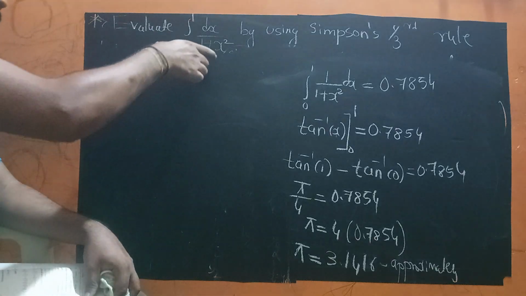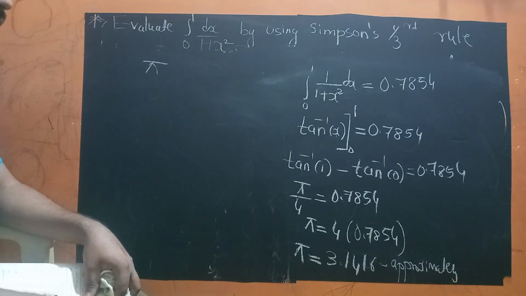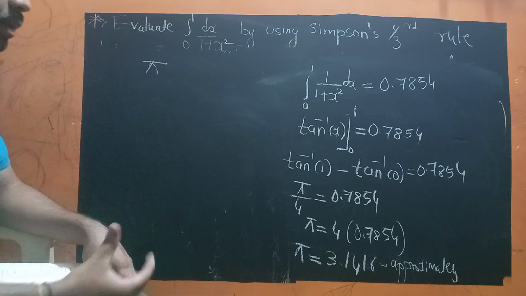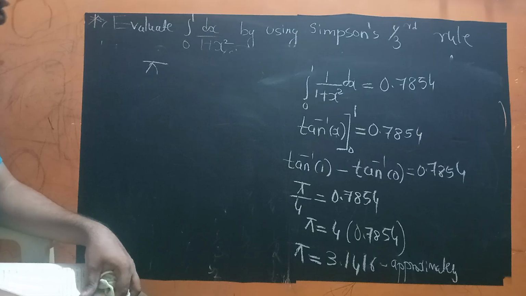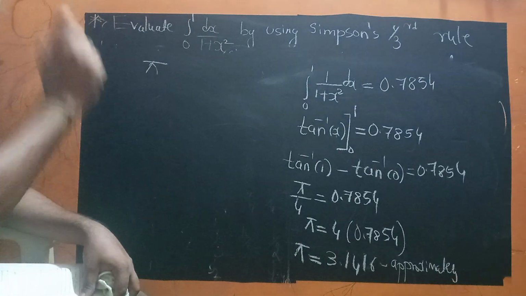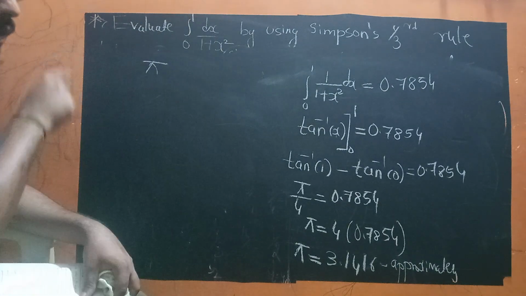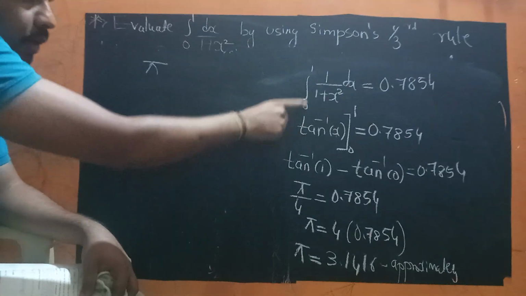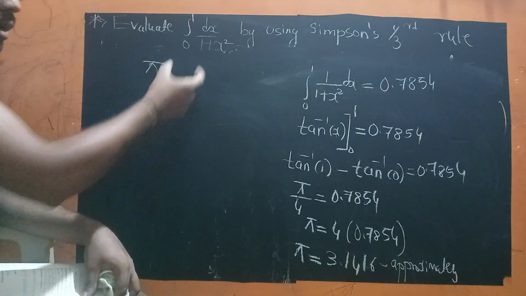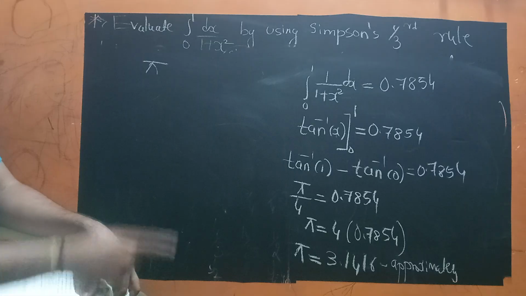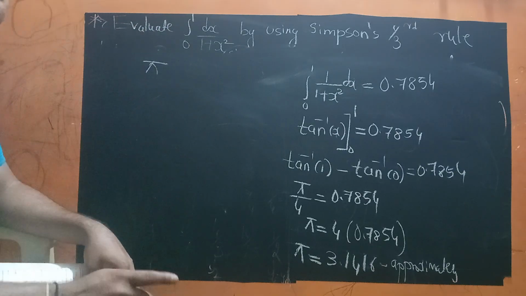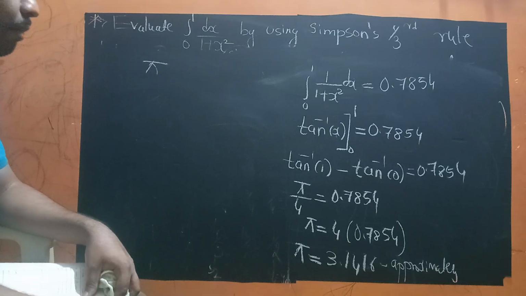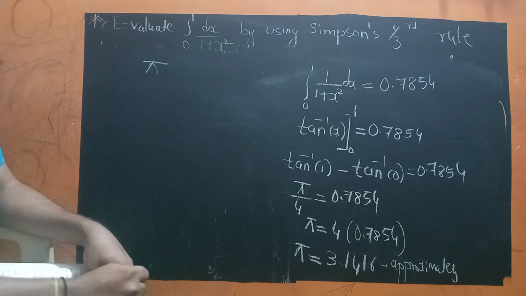Because the beauty of this numerical technique is that without integrating the function, we are finding the integral value. In the deduction part only I have integrated analytically, but to find the value of this integral we used Simpson's 1/3 rule. Nowhere am I integrating the function. So that is the beauty of Simpson's 1/3 rule as well as numerical integration techniques.